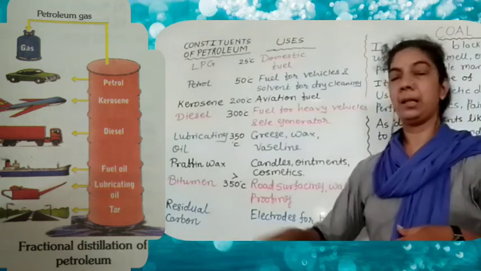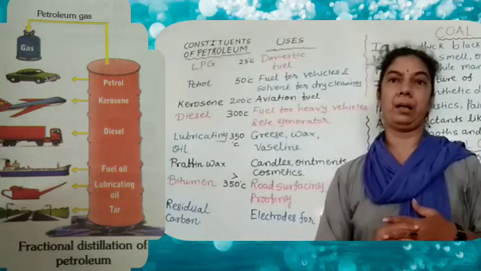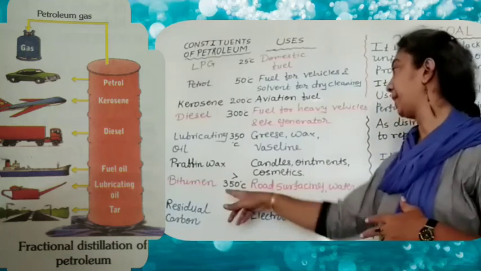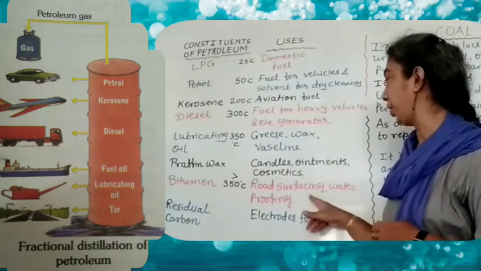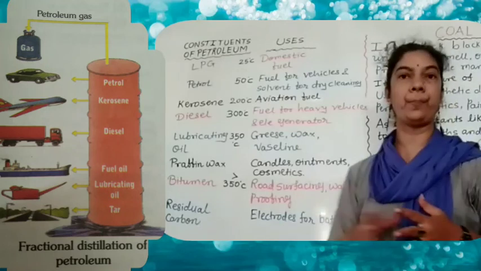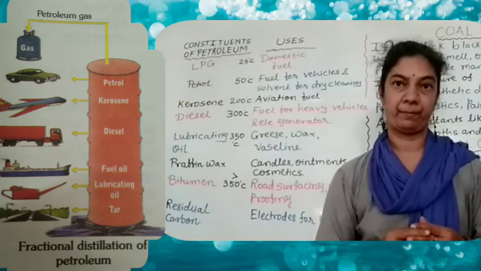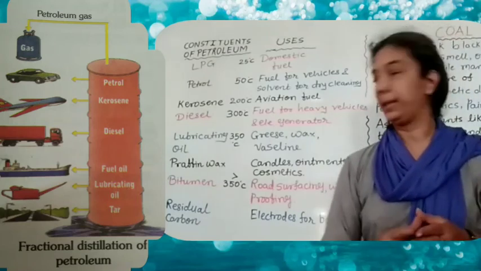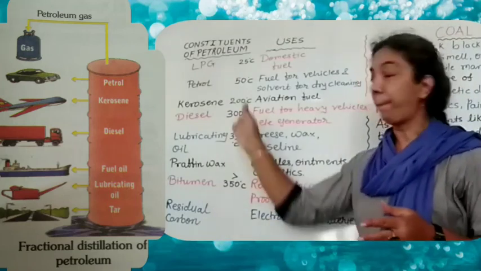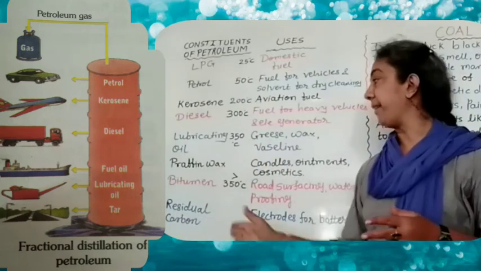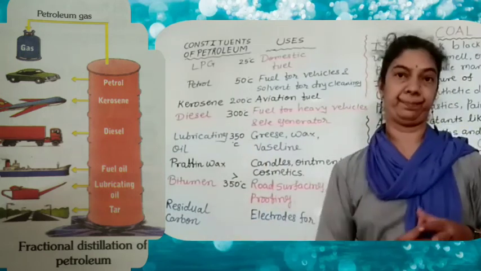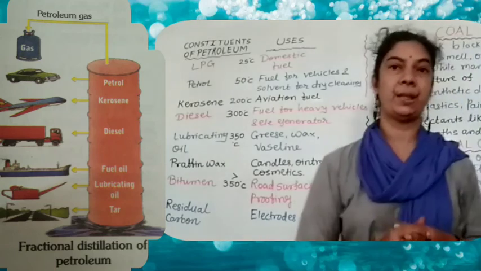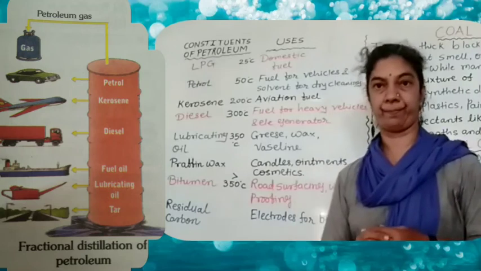Bitumen is a very black color, solid, hard substance, and that's why it is mainly used in road surfacing and as waterproofing material. Besides that, we are having the residue, the waste of the petroleum, which is having mainly carbon, and that's why it is used as electrodes in batteries.